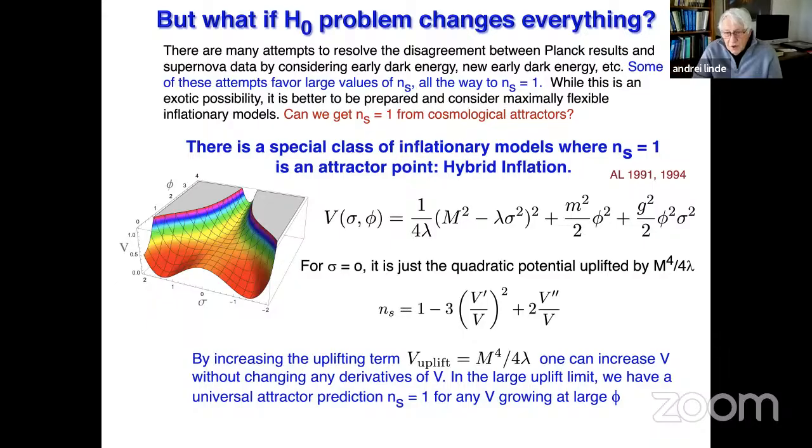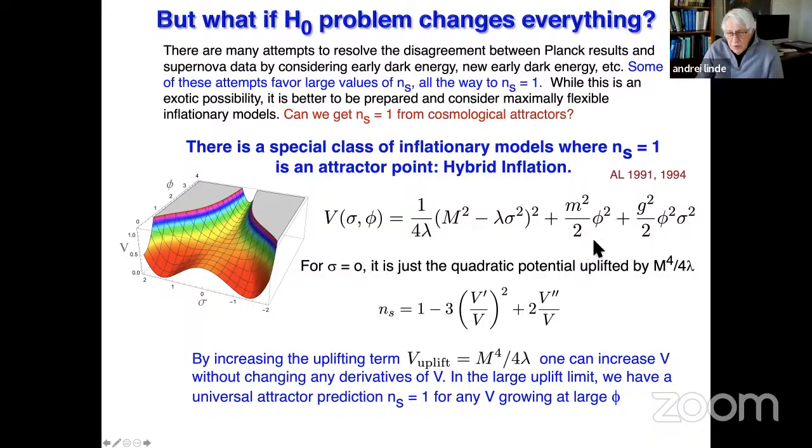However, if I take a two-field alpha attractor, and for simplicity this is just hybrid inflation, which we discussed previously, in this set of models you have an interesting feature. If we do not have alpha attractors yet, just a standard hybrid inflation, and then I study NS in this set of models, then NS depends on the uplift of the potential which I have.